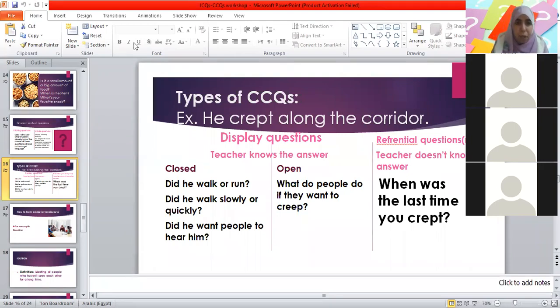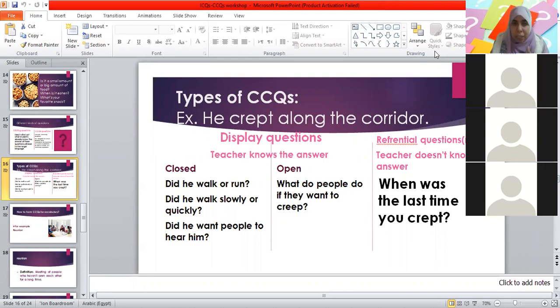Okay. So let's have a look again at these questions. We have two kinds of CCQs, concept checking questions. Number one, display questions. Here the teacher knows the answer of the question. When I ask, did he walk? The teacher knows that he walked. When I ask, did he walk slowly or quickly?